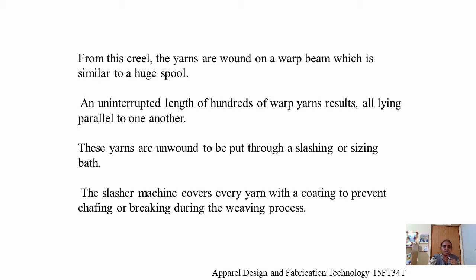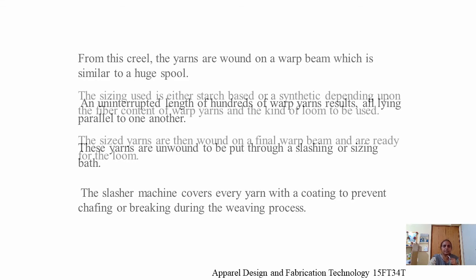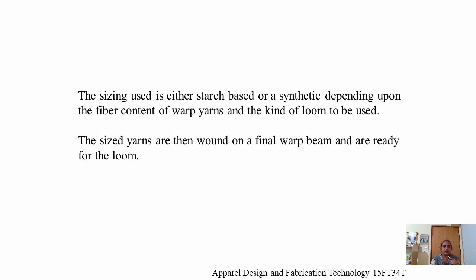The slasher machine covers every yarn with a coating to prevent chafing or breaking during the weaving process. The sizing used is either starch based or synthetic, depending upon the fiber content of the warp yarns and the kind of loom to be used.